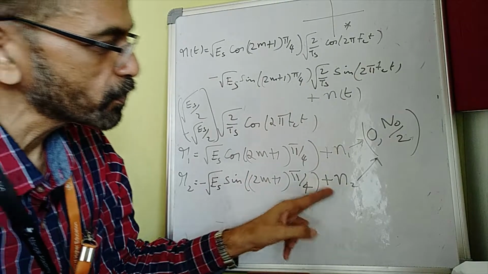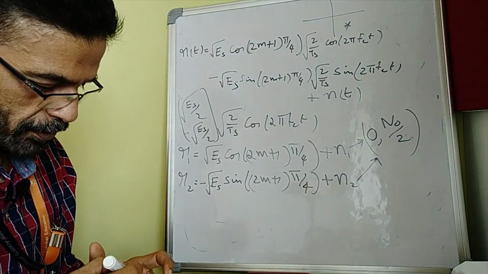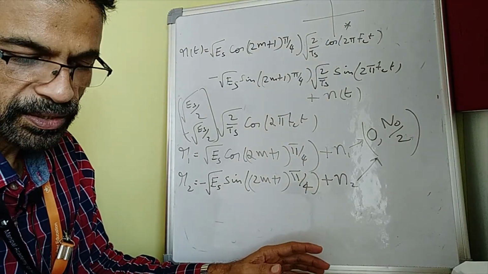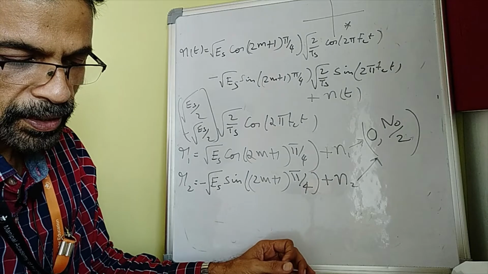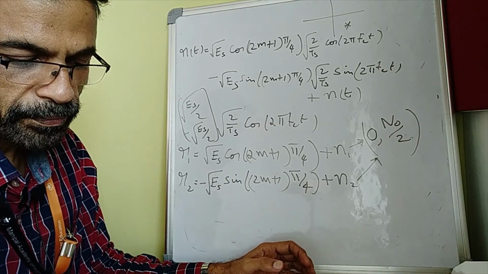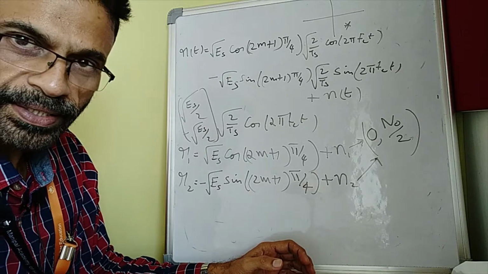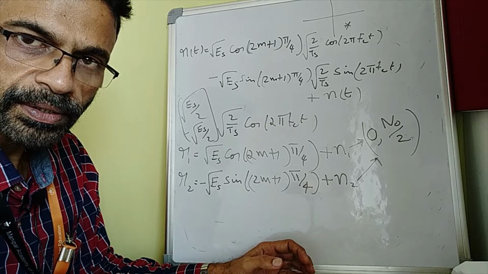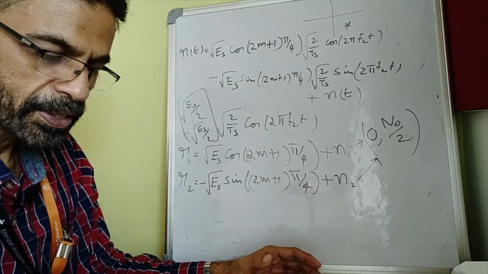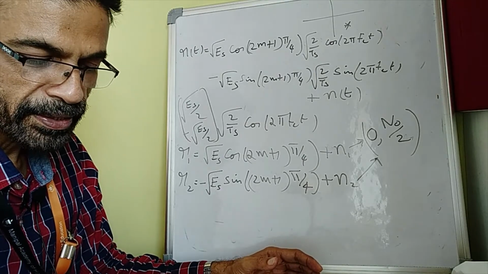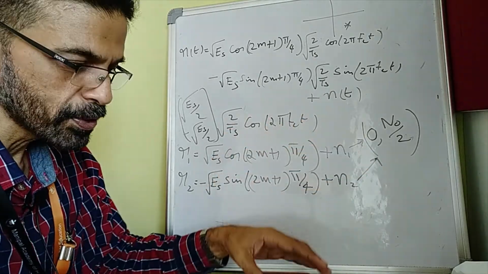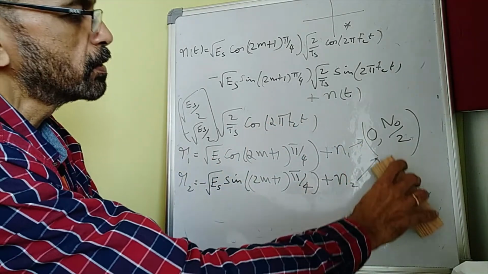But in the presence of noise, you will end up making a mistake occasionally, and the next task is to find out the probability of the receiver making an error in correctly deciding which was the transmitted signal, or indirectly making an error in detecting the transmitted symbol, because as you know, symbol is mapped onto the signal. So let's move on to that now.